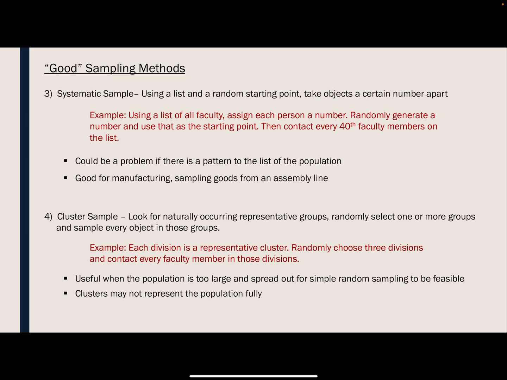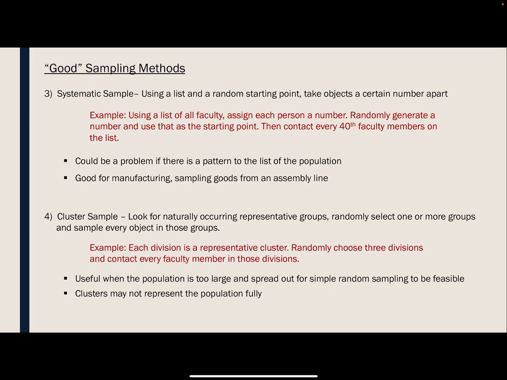So first, a cluster sample looks for naturally occurring representative groups, randomly selects one or more of the groups, and then samples every object or person in those groups. So for example, in my scenario here, the naturally occurring representative groups might be the divisions, right? There's a math division, an English division, a humanities division.